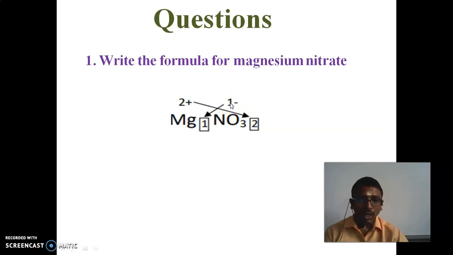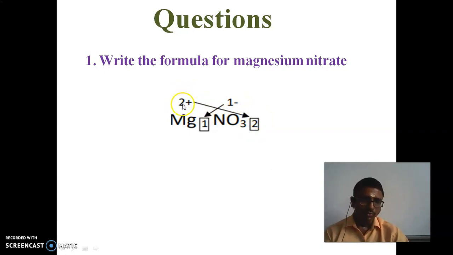Further, we have to apply crisscross. So this 1 will come in the subscript of the cation. And this 2, only the number, not the charge, has to come in the subscript. The charges will not come.